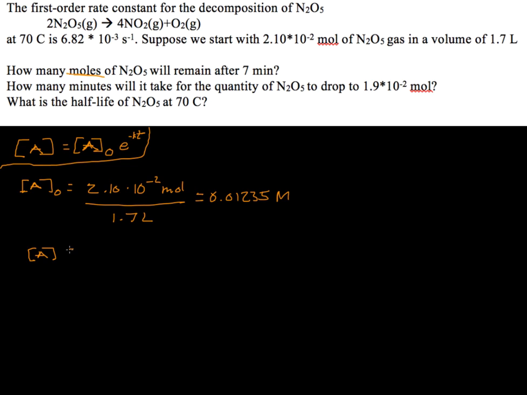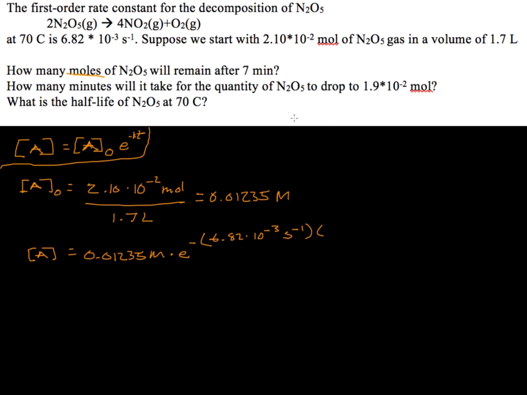So the final concentration equals 0.01235 molar times e to the negative, and our k value will be this rate constant, 6.82 times 10 to the negative third second to the negative 1, times t, which is, in this case, 7 minutes.